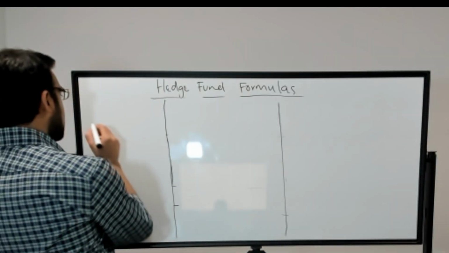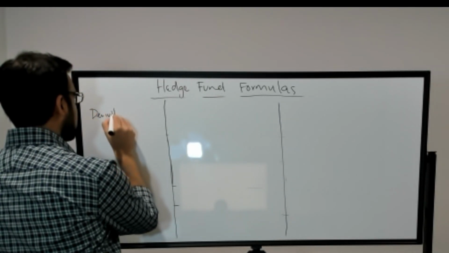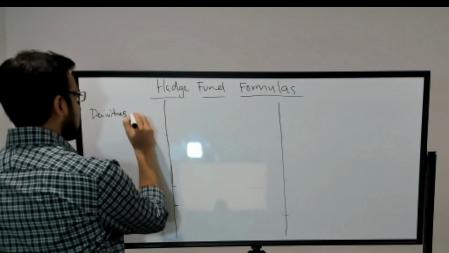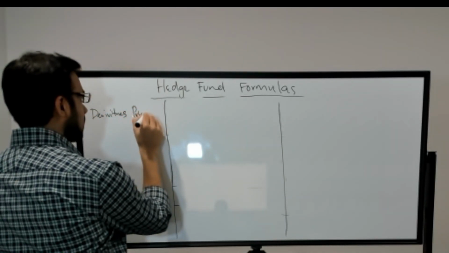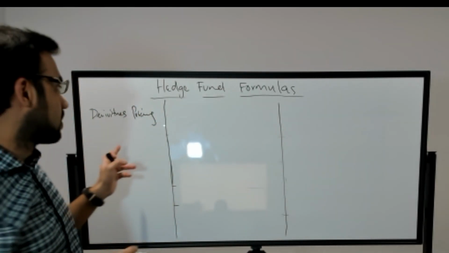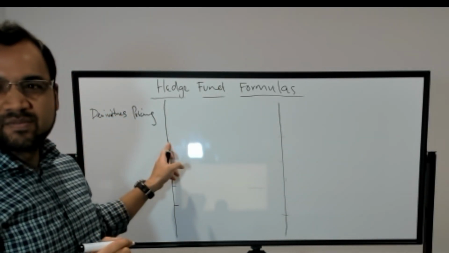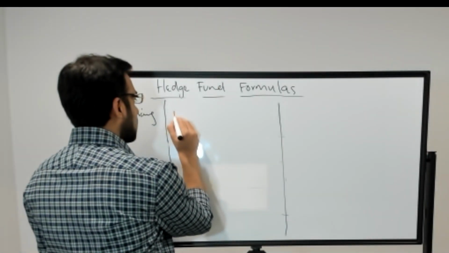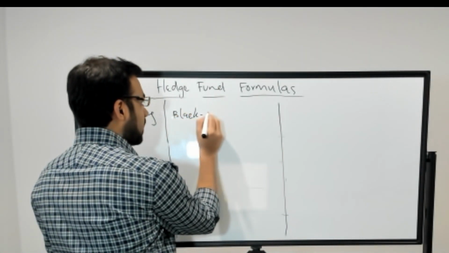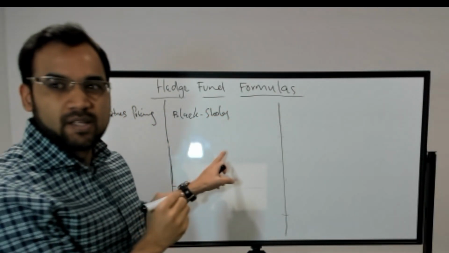Okay, next one is derivatives pricing. How do we calculate derivatives pricing? First one is very famous, Black-Scholes-Merton.